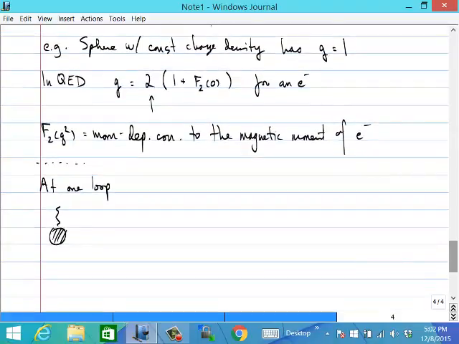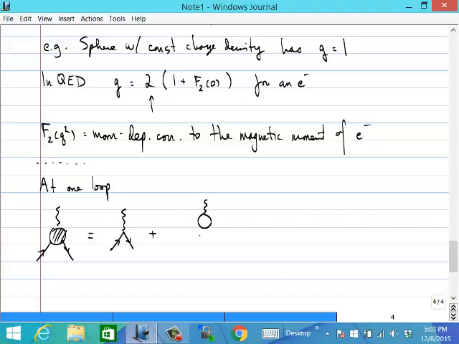The name of the game is to compute this interaction here. And so at one loop, what do we have? We have the tree level piece, which we've already discussed. That tree level piece gives you F2 equal to 0, so it gives you a magnetic moment with g equal to 2. And then you'll have various quantum corrections. Now let's work at the one loop level.